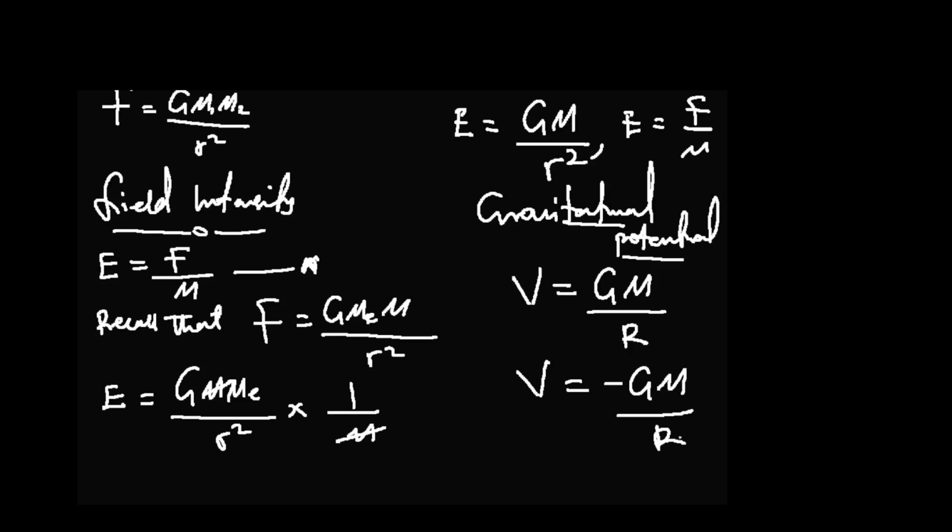Are you getting this now? Or in a nutshell, you can say it signifies that the work is done by taking a mass from infinity to a point on the earth. So that is the significance of that negative sign.